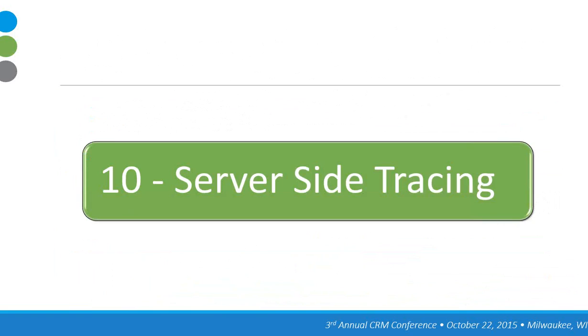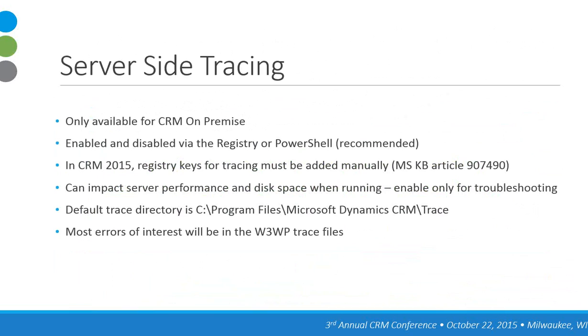And lastly, let's talk about server-side tracing today for on-premise CRM users. Again, this is only available for CRM on-premise. It is enabled and disabled via the registry or PowerShell, which is the recommended way now. In CRM 2015, the registry keys for tracing, if you go that route, must be added manually, and there's a KB article that you can search to find out how to do that.